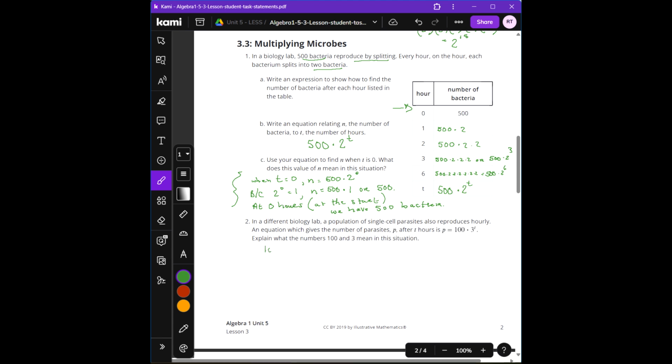And so we have 100 is going to be the number of parasites at the beginning, or at hour 0, and that's because 100 times 3 to the 0 is equal to 100 times 1.